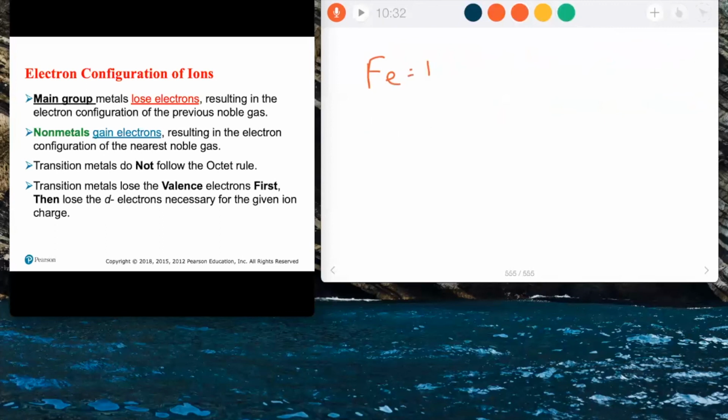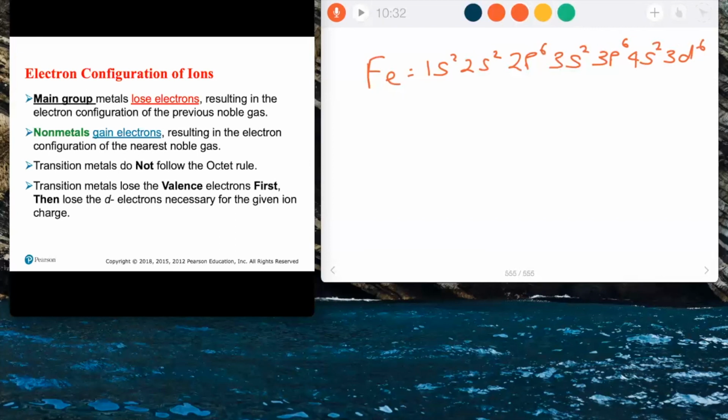This is 1s2, 2s2, 2p6, this is 10, 3s2, this is 12, 3p6, this is 18. We go to 4s2 and then 3d6 for number 26. This is the neutral atom.